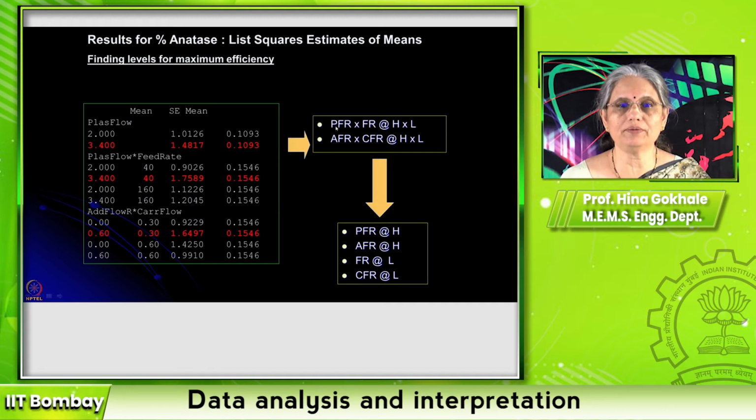So, if you separate out the interaction level, plasma gas flow rate should be high, additional gas flow rate should also be kept high, feed rate should be kept low, and the carrier gas flow rate should be kept low.